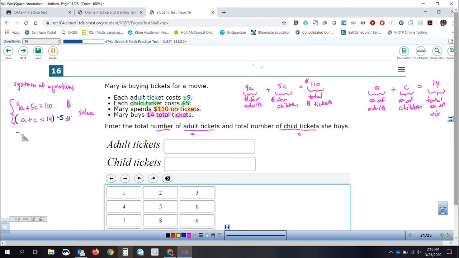And when I do that, I get negative 5a plus negative 5c equals, now 14 times 5 is going to be the same as 7 times 10, and I get negative 70.